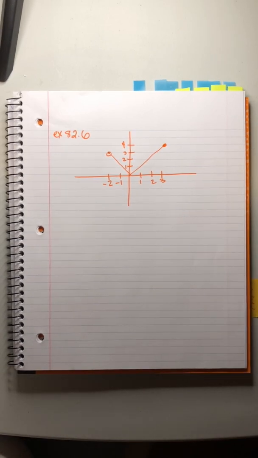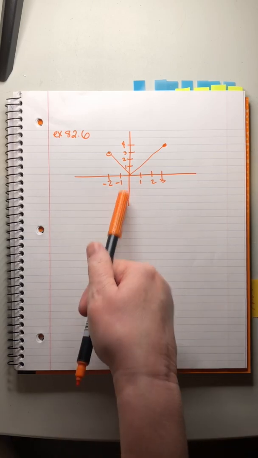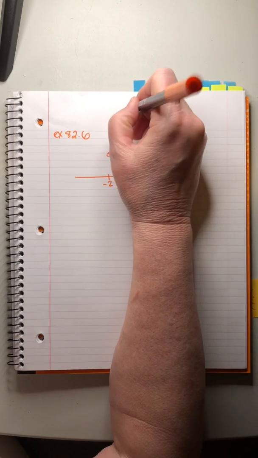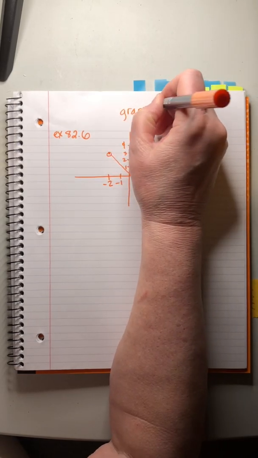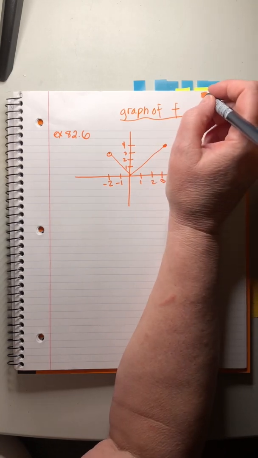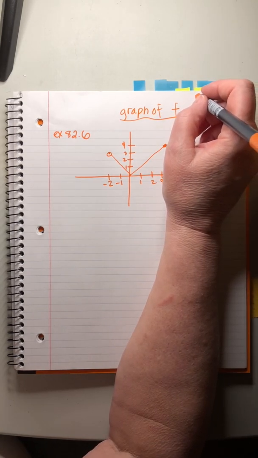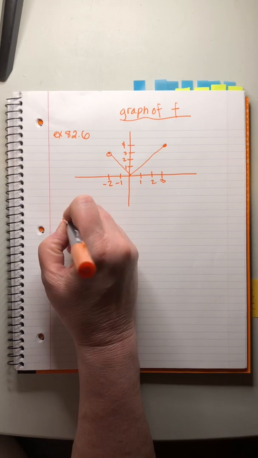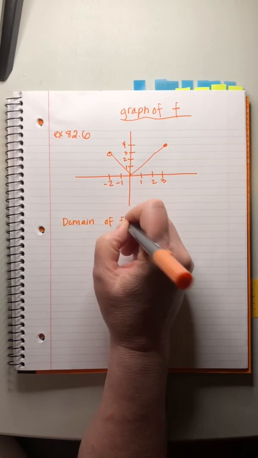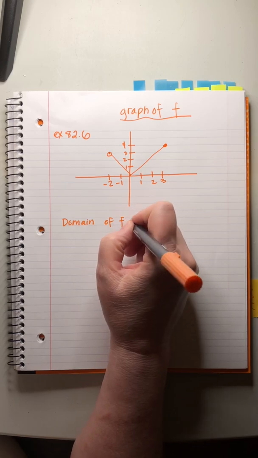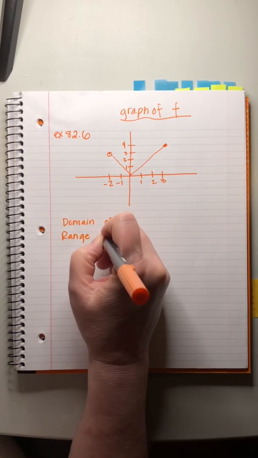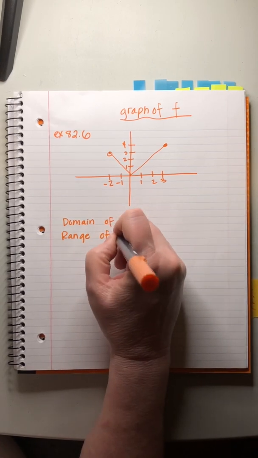John asks us, he tells us this is the graph of function f. Okay, it's a function named f. And he wants us to find the domain and the range. Now, do you remember what I told you on that other page?